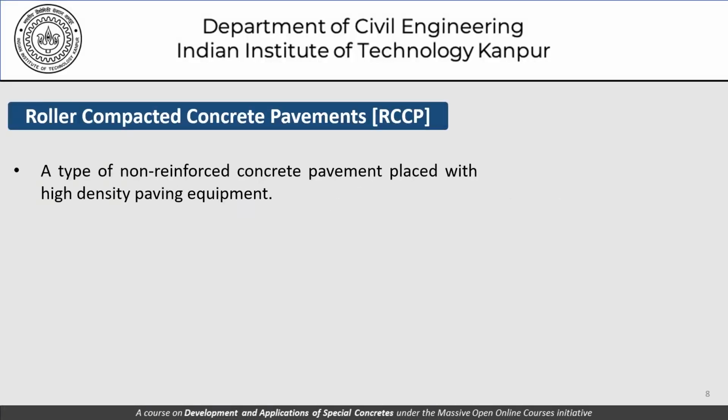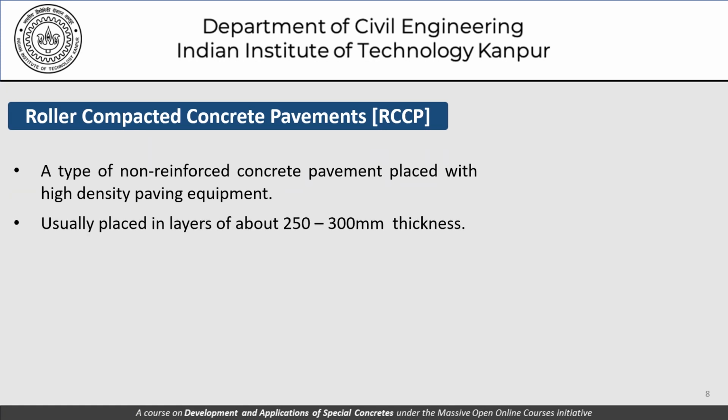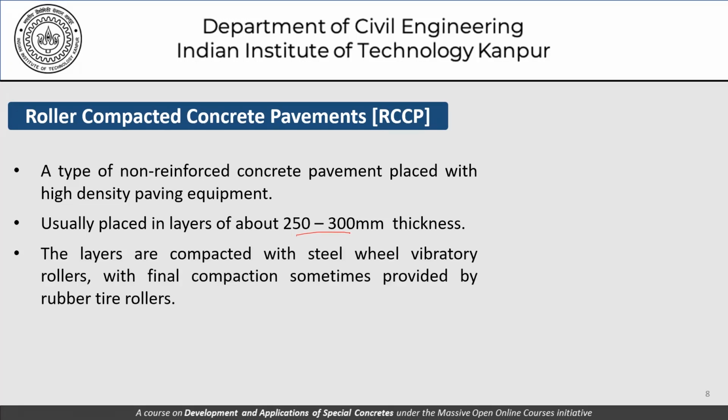Roller compacted pavement concrete is a type of concrete pavement placed with high density paving equipment, usually in layers of 25 to 30 centimeters thickness, and the layers are compacted with steel wheel vibratory rollers, while the final compaction is sometimes provided by rubber tire rollers.